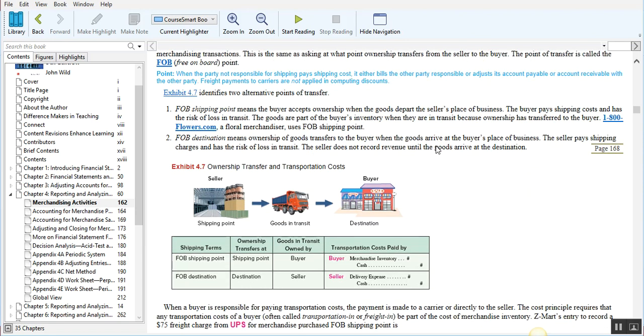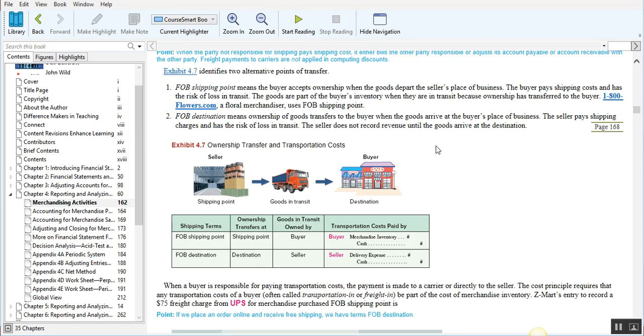Now, depending on how the items are shipped, there's a very old tradition here. FOB stands for free on board, and basically that means this is the point at which the goods go onto the shipping truck or train or however they're getting to the destination, but this is the point where they go on free. This is the person that's not paying.